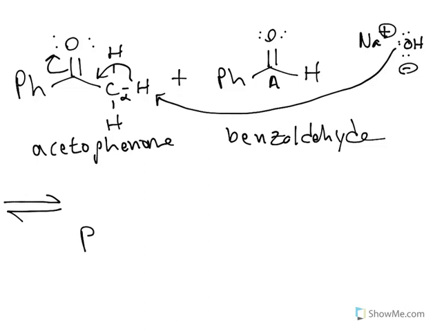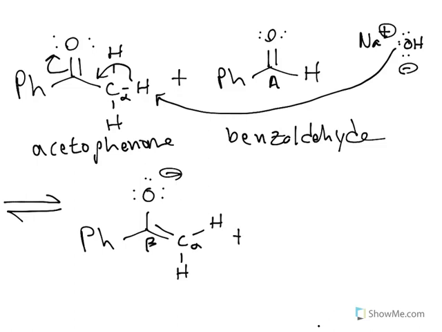So probably about a 99:1 ratio of acetophenone to its enolate, but that'll be enough, and I'll explain why later. So here's alpha, and attached to alpha is beta. Technically that's not a beta carbon, but we're just using the Greek alphabet here. I'm going to call it beta for fun.